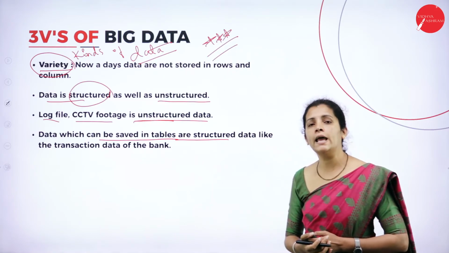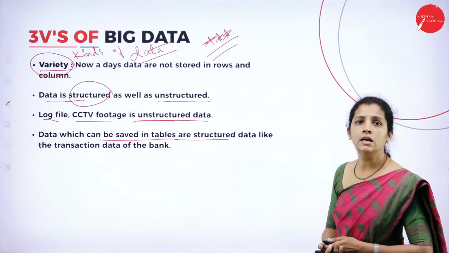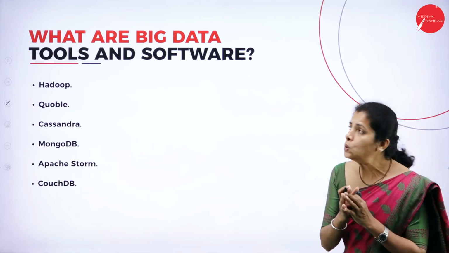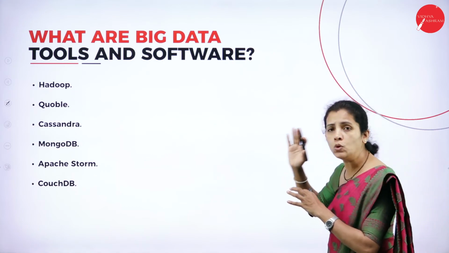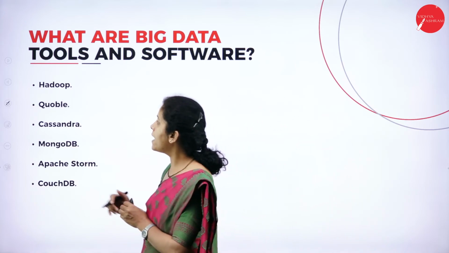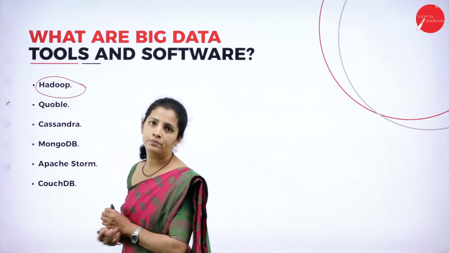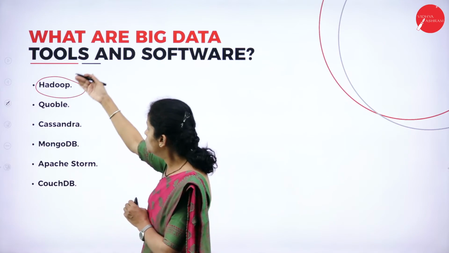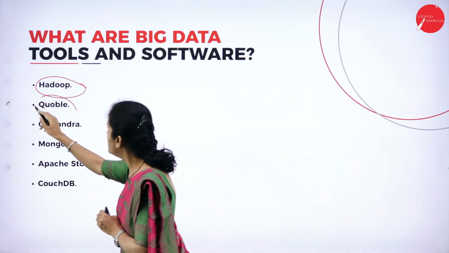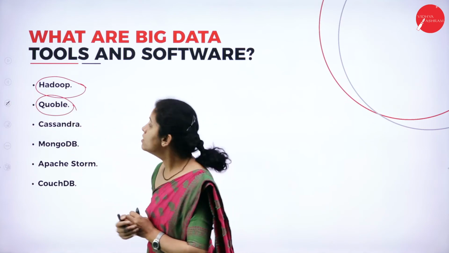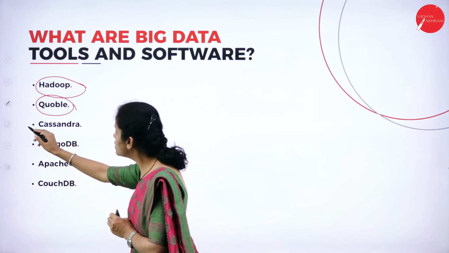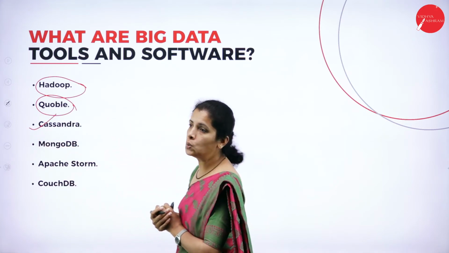That is nothing but the characteristics of big data. Now let's see which tools we are going to have to manage big data. So here we are going to have Hadoop. This is a tool used to manage big data. Qubole is also used to manage big data. Cassandra is also a big data tool.